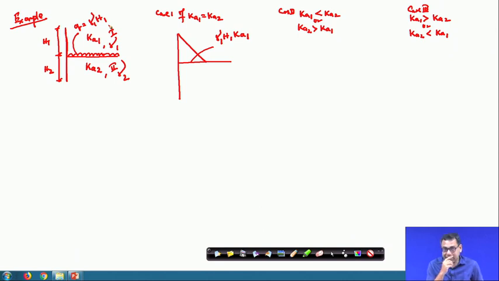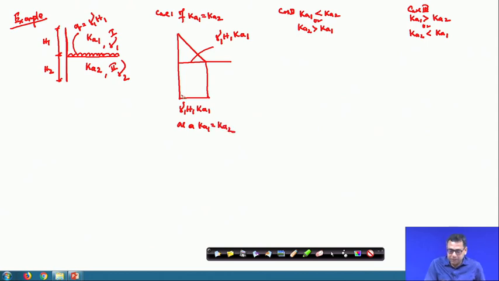As I mentioned, for the surcharge, this will be Q into K, where K is equal to K 2. So this value will remain the same, gamma 1 H 1 into K A 1, because K A 1 is equal to K A 2.